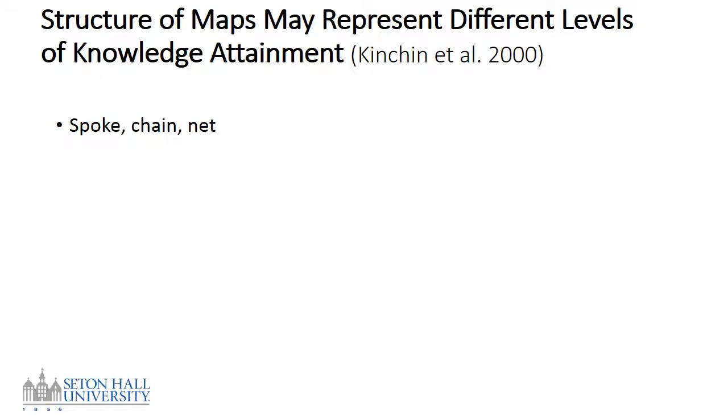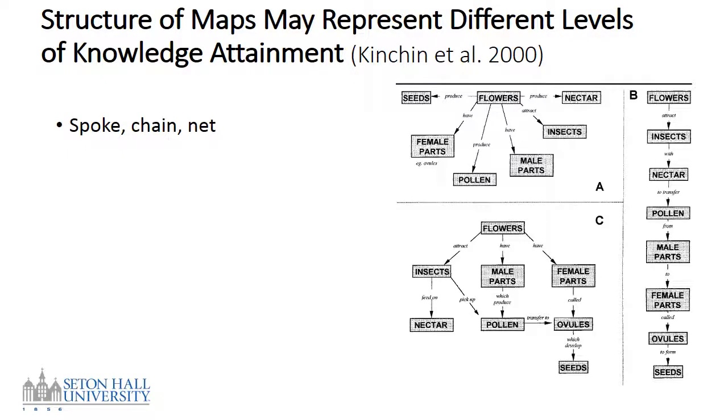One group of authors described the structure as either a spoke, a chain, or a net. I have an example of those here on the right-hand side. A here is a spoke, where there is the central concept and everything else is linked directly to the central concept.